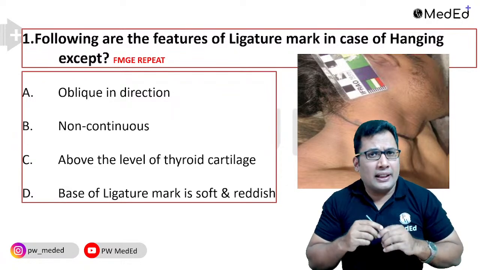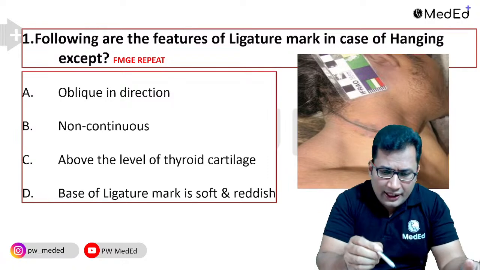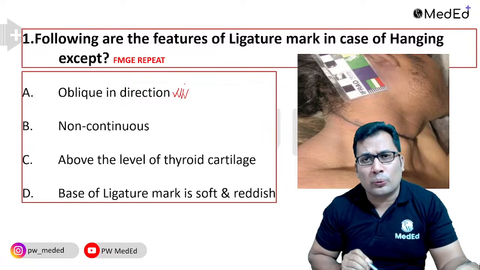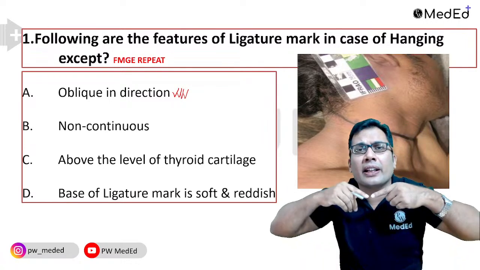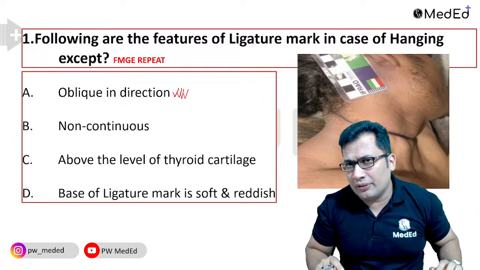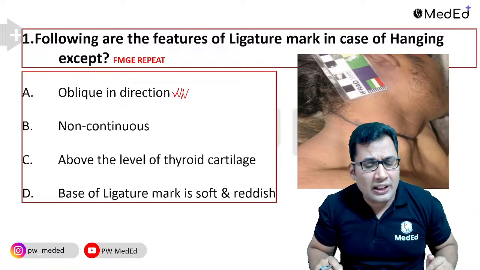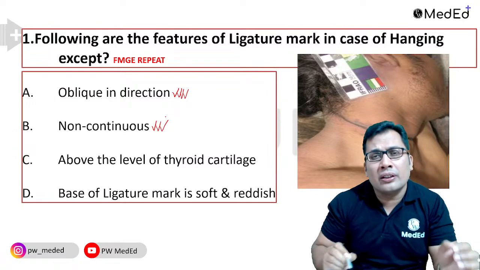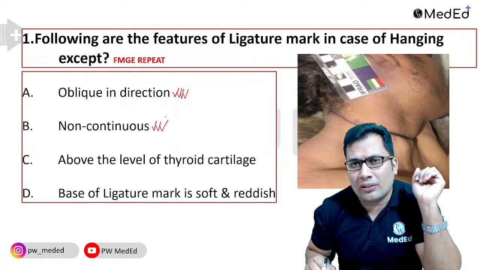So ligature mark in case of hanging, that is oblique in direction. That is true. In case of hanging, the ligature mark is oblique in direction. It is above the level of thyroid cartilage, and at the site of knot, it is not present.